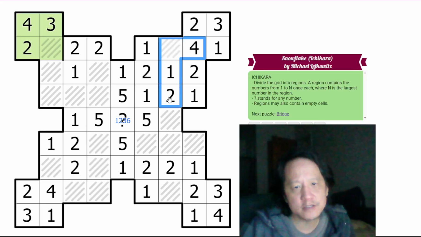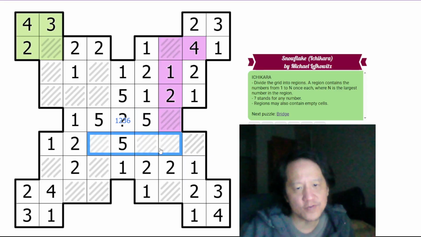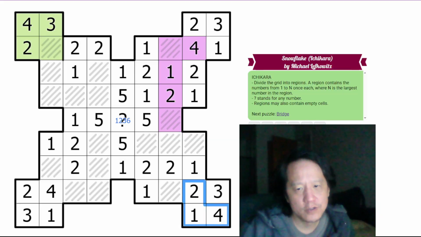So this has to be this set, and then it accesses here. Then it could access this 5 or this 5. This 4 has to go through here, so you have to have at least 3 and 2, and you have to access the 5. So it cannot be part of this 1.